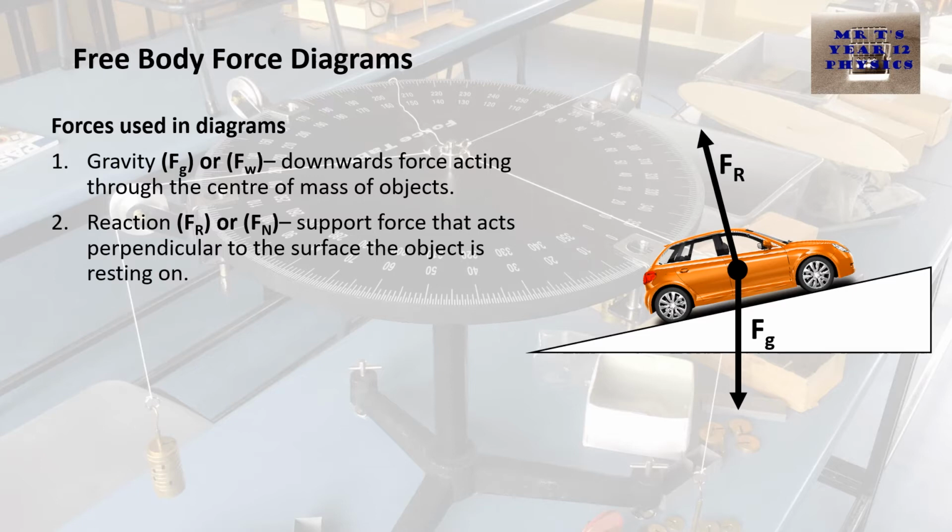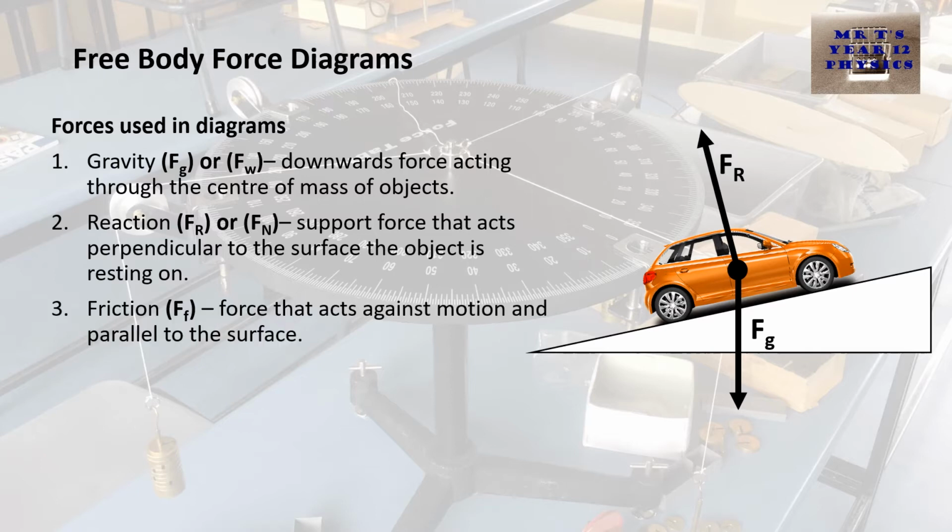A normal is a line that is 90 degrees to the surface. The third force that we can draw on this diagram is a friction force. If this car was left to its own devices, it would roll down this hill, and friction would act in the opposite direction of motion. If it's got its brake on, friction is still acting against the direction that the motion would go.